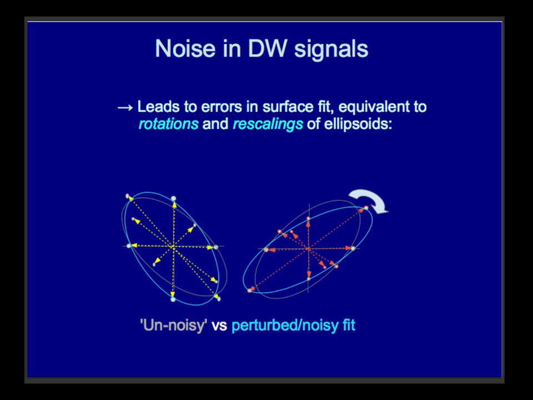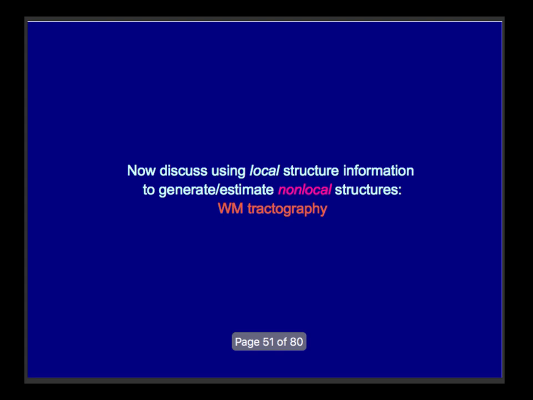It could squash my ellipsoid, so there may be a lot of structure and it gets squashed down to a roughly homogeneous shape, or vice versa. And it would also rotate it. So let's say this is the reality and this is my noisy fit. Now I'm starting to think white matter might be running this way when actually it's running that way. So these are the kinds of things that can happen to our program of looking at structure.